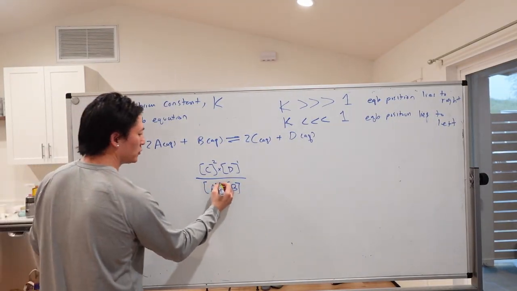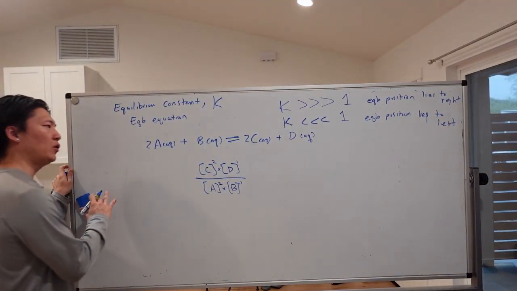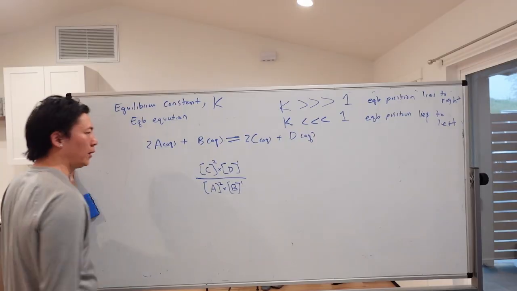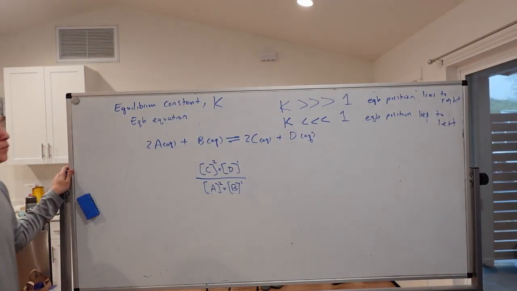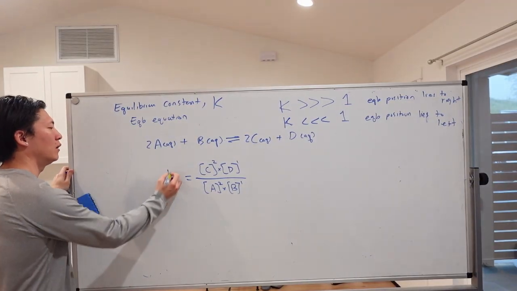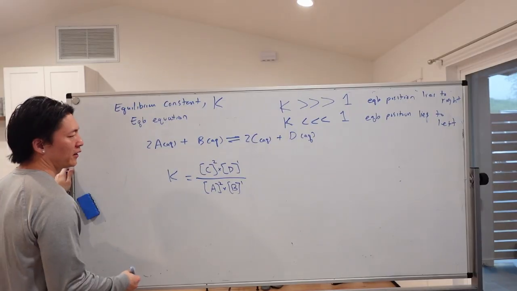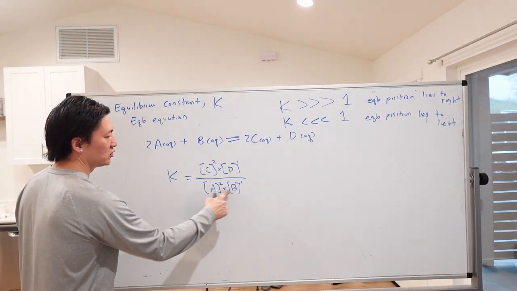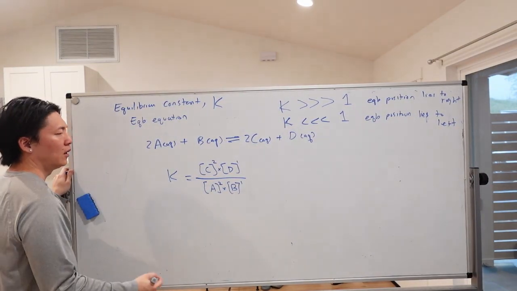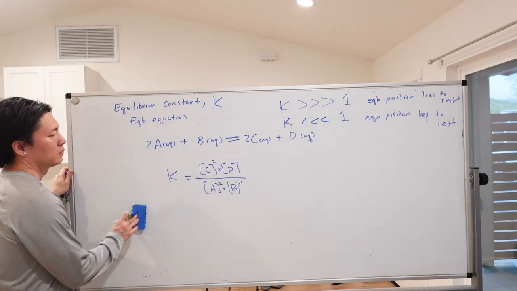A has a 2, so we put a 2 here, and B has a 1, so we put a 1 here. These are all aqueous, so we can do this, no problem. This is my equilibrium equation, and if I gave you concentrations, you can plug them in and calculate this, if you're asked to.